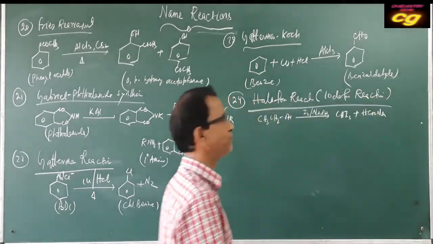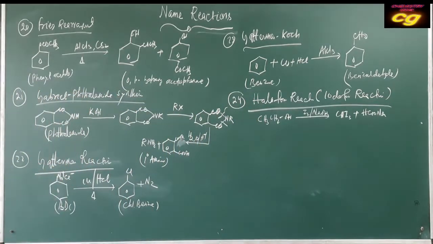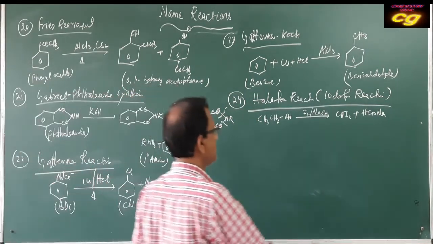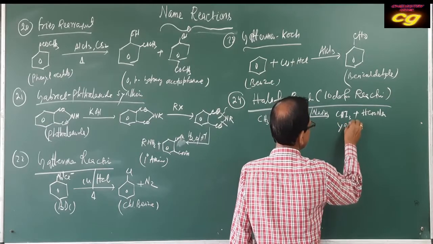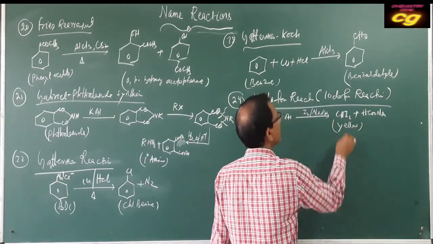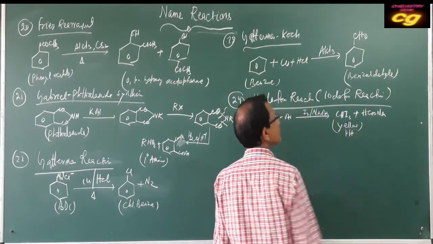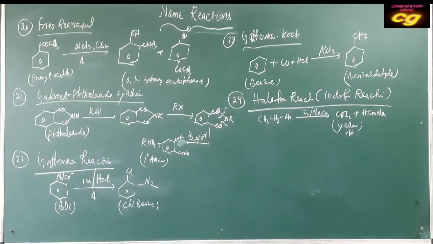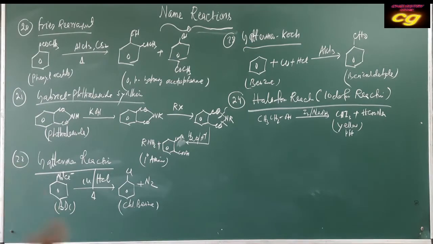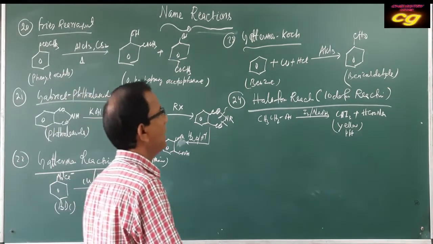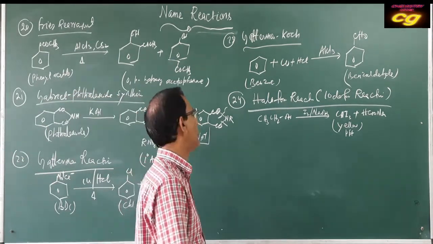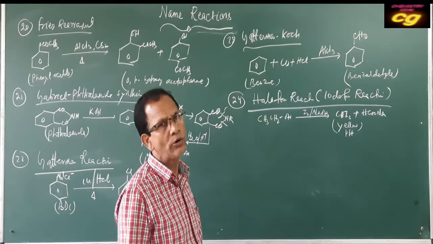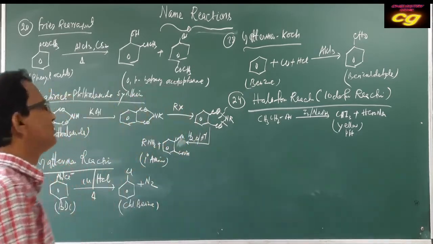This reaction is formation of iodoform, that is a yellow precipitate. That's why it is called iodoform reaction or preparation of iodoform. Mainly it is a very important reaction to identify alcohol and aldehyde, ketone, and to distinguish between alcohol, aldehyde, and ketones.